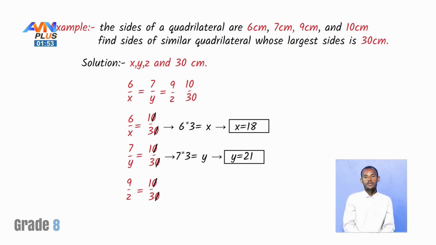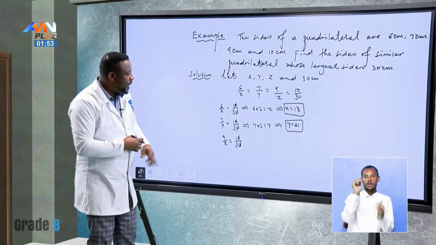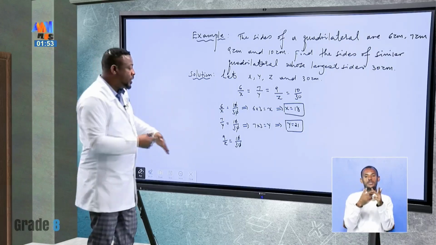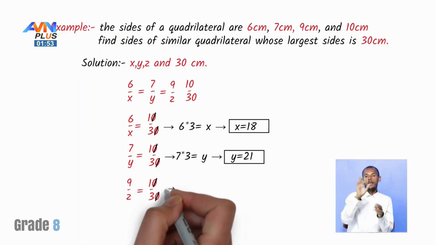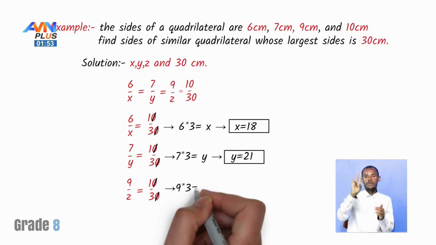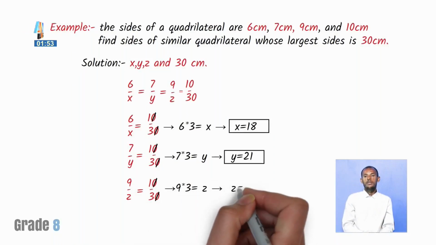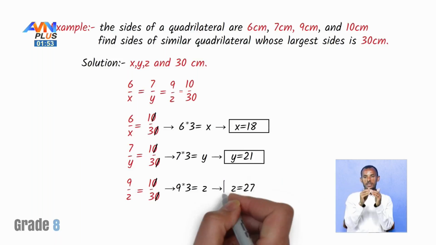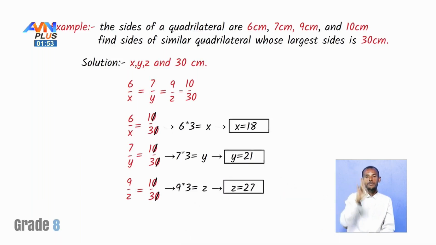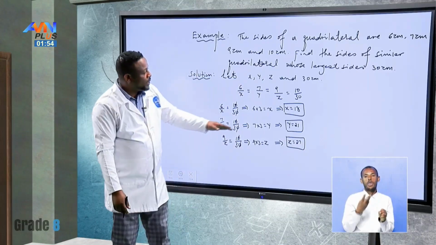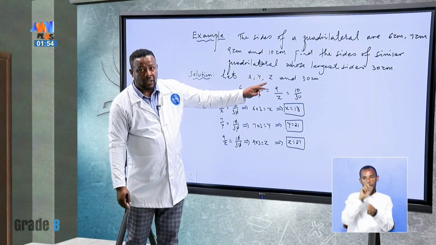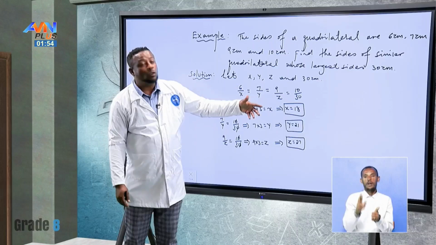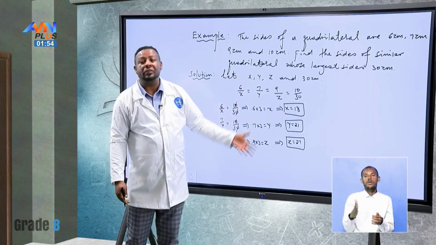So y becomes 21. And from the third equation, you can use crisscross. Then 9 times 3 is equal to z times 1, which is z. So the third unknown variable becomes 27. Okay, so we obtained the unknown variables x, y, z, which are the unknown sides of a certain quadrilateral.